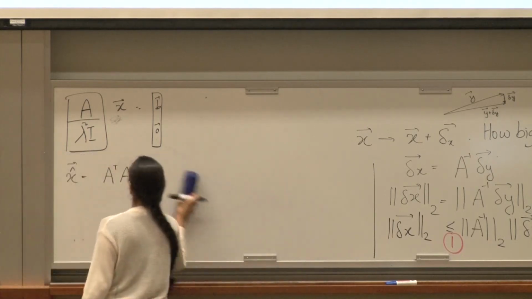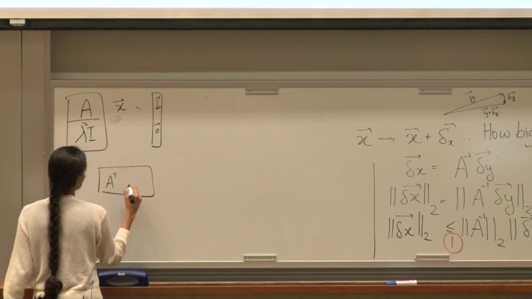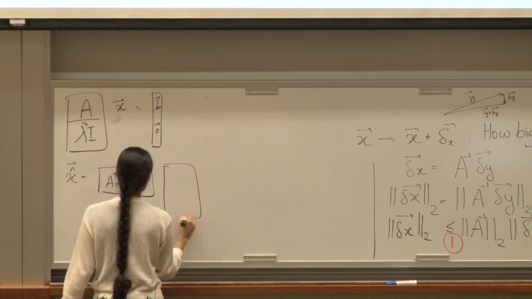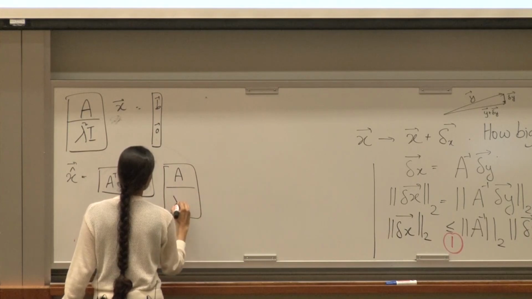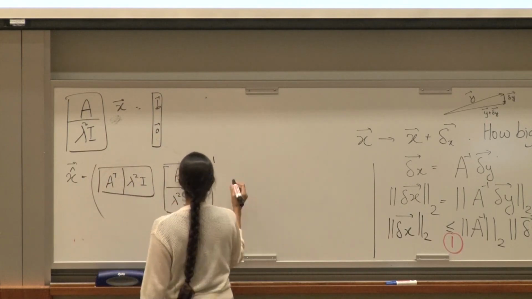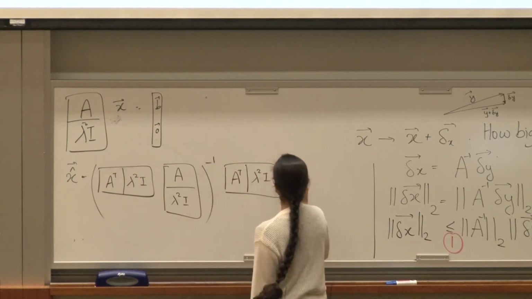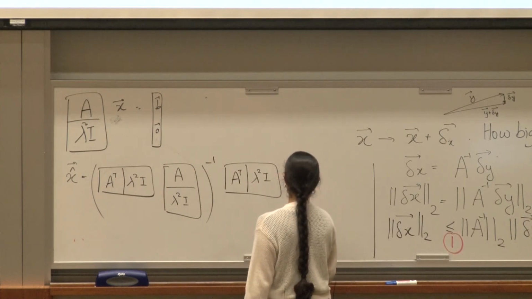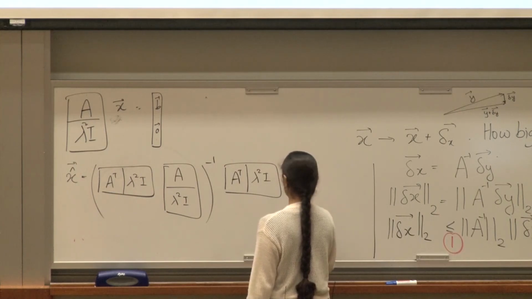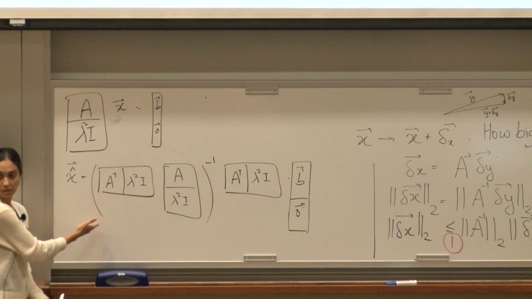So what is A transpose here? It's going to be A transpose, lambda I, times the block matrix A, lambda I, inverse, times A transpose, lambda I, times b, 0. Does everyone see that the solution to this least squares problem is given by this?